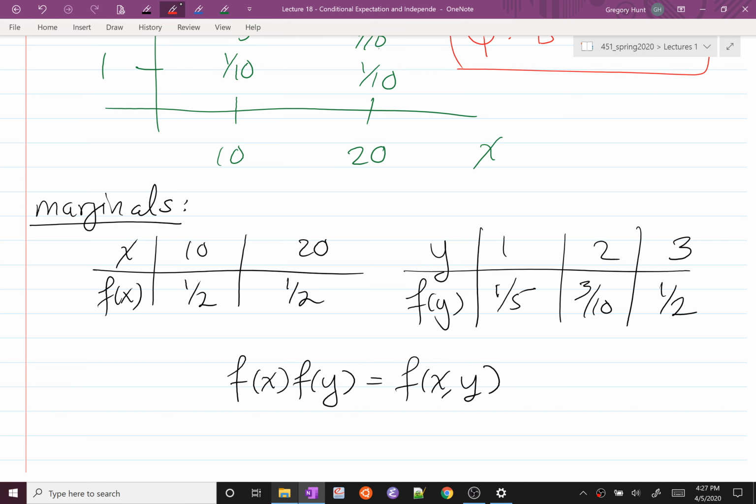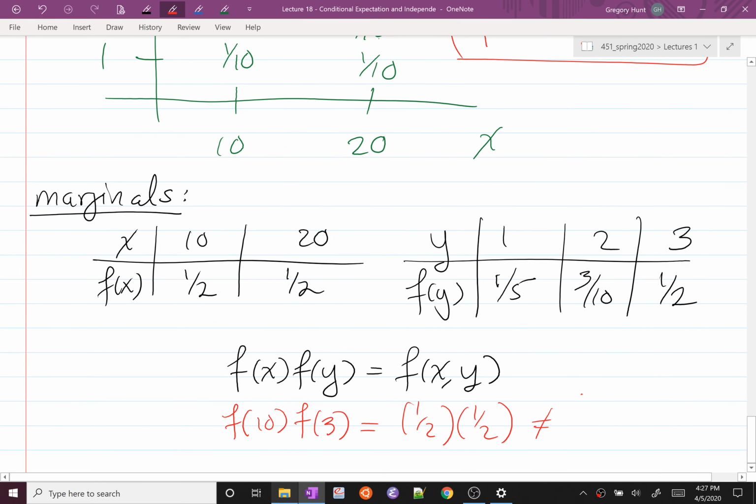So, for example, if I look at x is 10 and y is 3, that will be 1/2 times 1/2. Is that equal to the joint at 10, 3? The joint at 10, 3 is 1/5. So it's not equal.